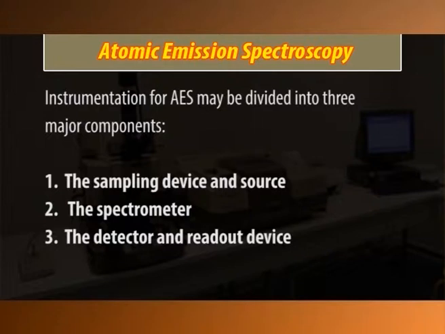Instrumentation for AES may be divided into three major components. Firstly, the sampling device and source, then the spectrophotometer and the detector, and the readout device. The sampling device and source depends on the type of sample and the analytical data desired.